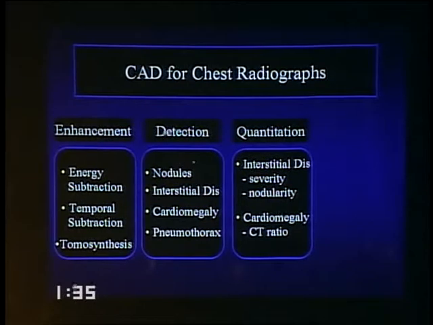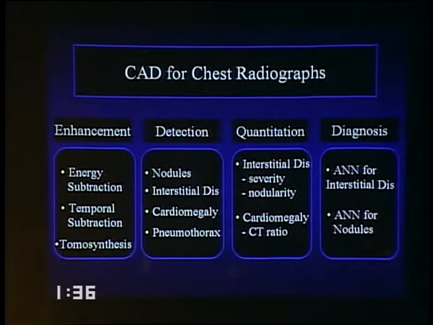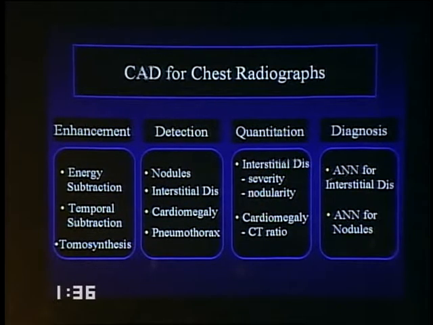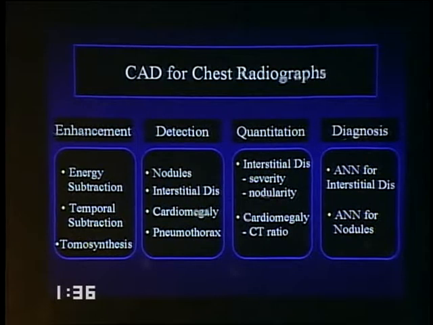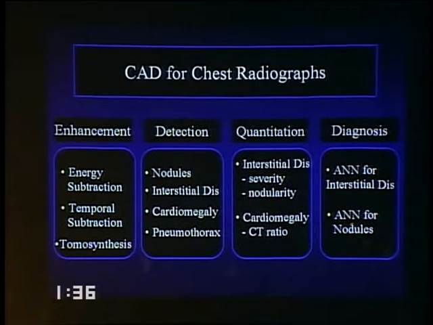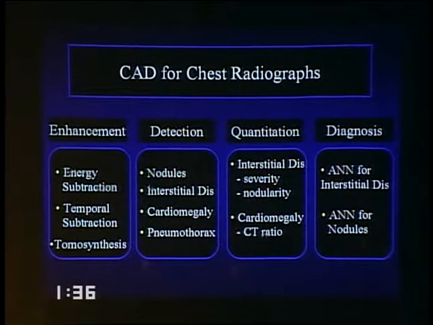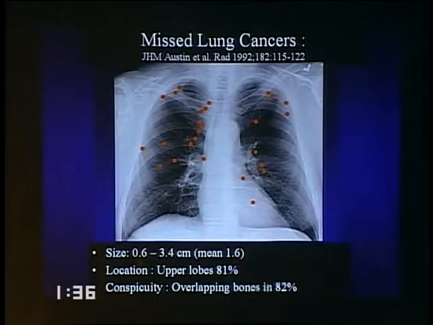Some of these are available commercially now. We can quantitate, of course, anything that we're able to detect. And finally, we can help to make a specific diagnosis sometimes by integrating the clinical and the imaging material, using, for instance, artificial neural networks, which are self-learning programs.